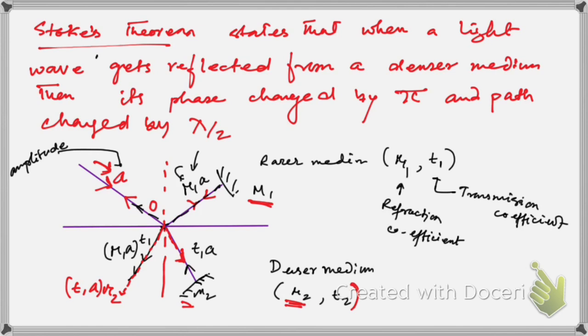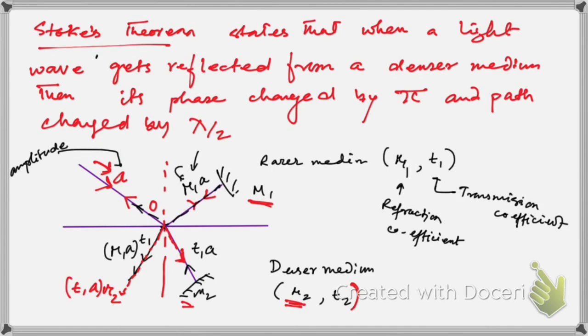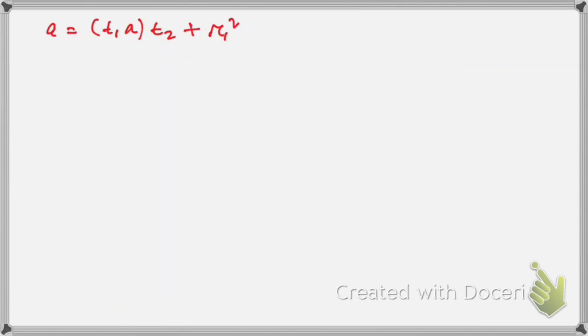So we can write A is equal to T1 A T2 plus R1 square. Let me make a correction here. This one should be R1 A into again R1, that should be R1 square A. So this equation will be R1 square A. Then this A cancels.